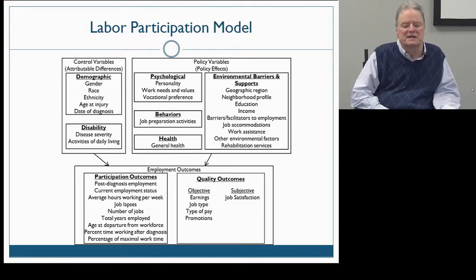So what you will see within this model and within this diagram is that we have different types of variables. So we have control variables, and when we think of control variables, demographics and disability variables, we consider them control variables or attributable difference variables.